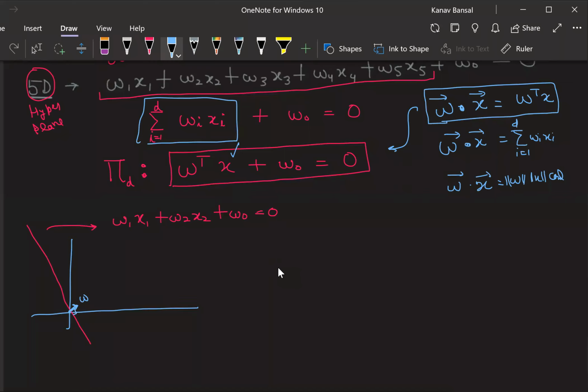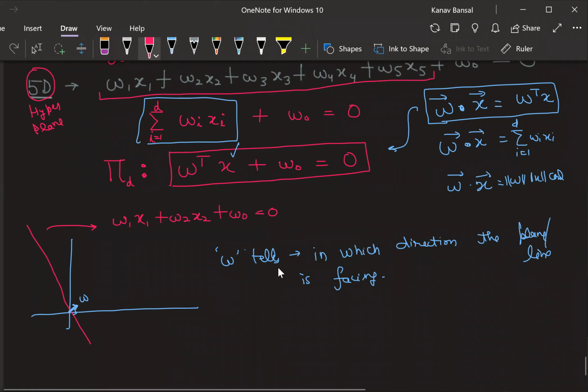Yes, correct, Kunda. And what is the role of this W? This W basically tells us in which direction the plane or a line is facing.